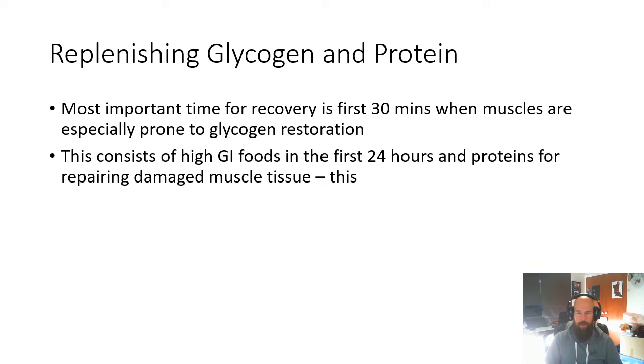Then you'd also have the proteins for repairing the damaged muscles. And when we say damaged, they're not damaged as such, but it's that delayed onset of muscular soreness. So, those microscopic tears, that's what that is.